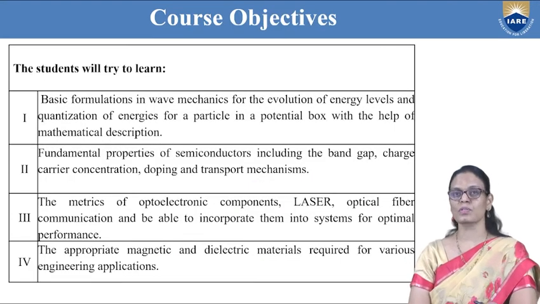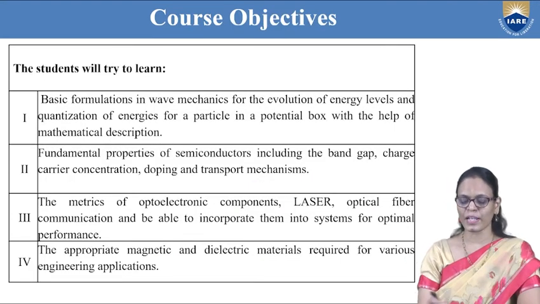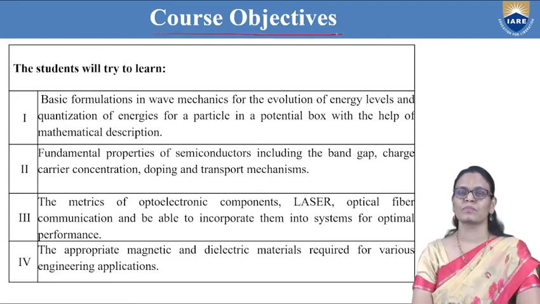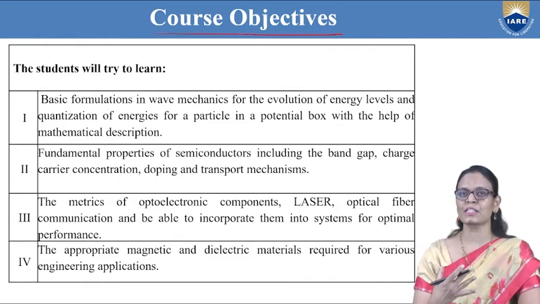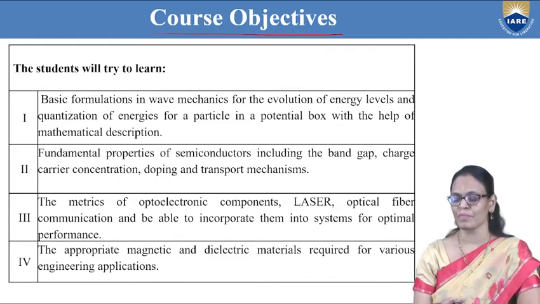Now coming to the course objectives. What is the objective that we are going to achieve by giving this course? When a teacher is framing this curriculum, what is the objective? What are the students expected to learn?